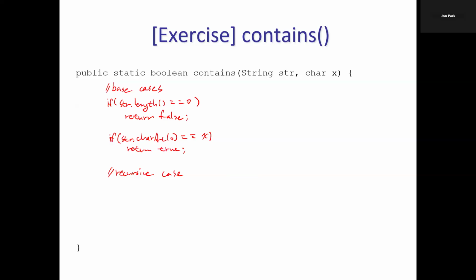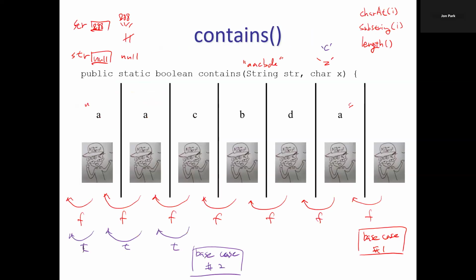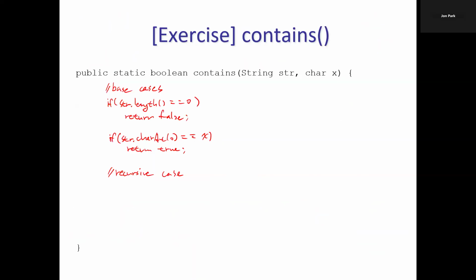Otherwise, the recursive case, which is you just return whatever was returned in the recursive call. Return contains the same string, but with the first letter chopped off.